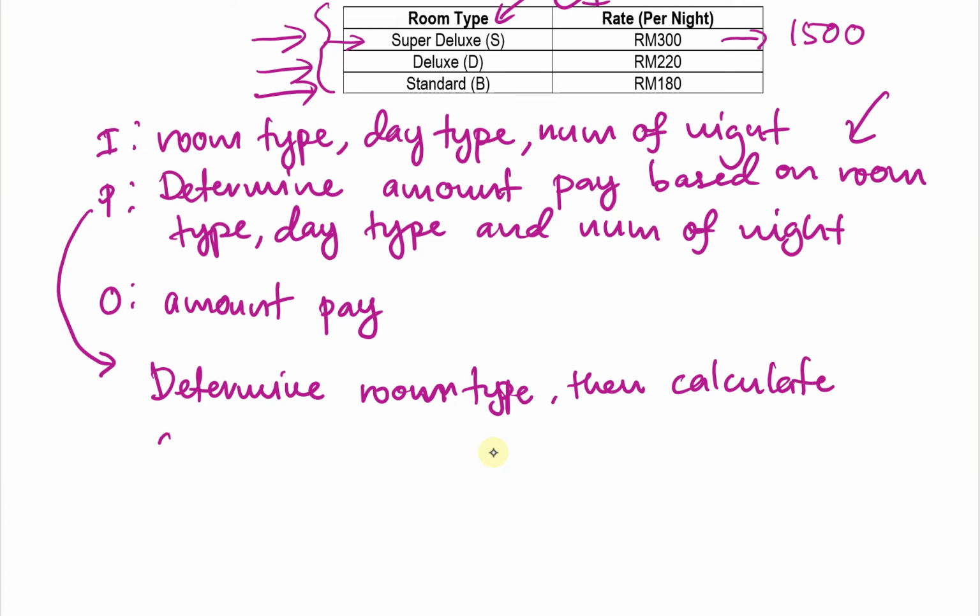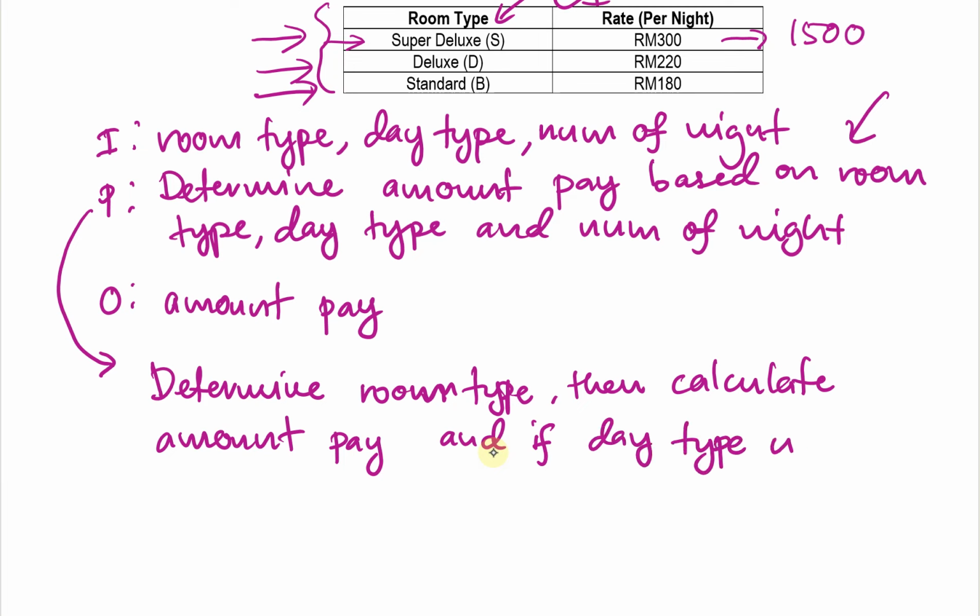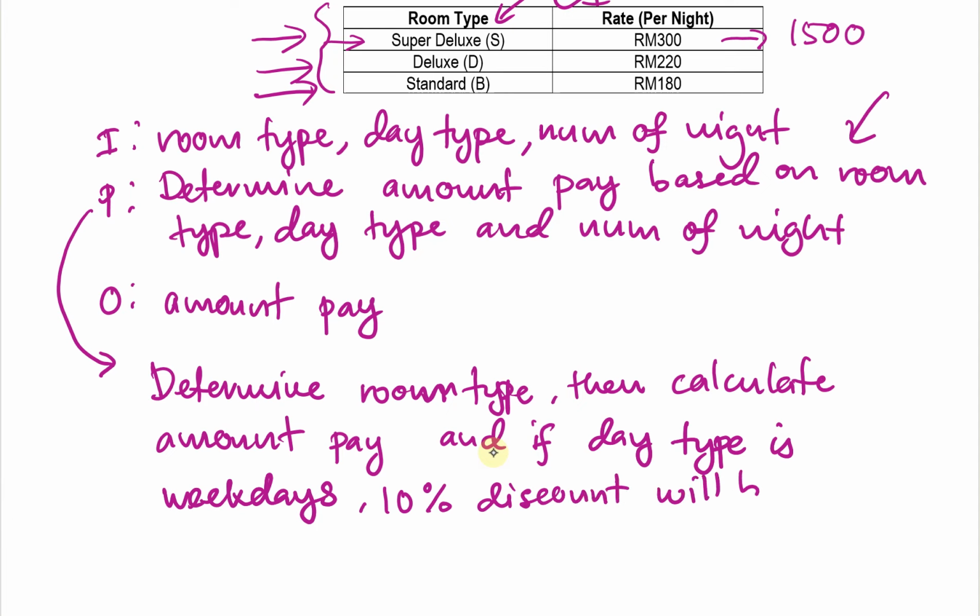So calculate amount pay, and if the day type is weekdays, then how many percent of the discount do you get? 10% discount will be given, right?